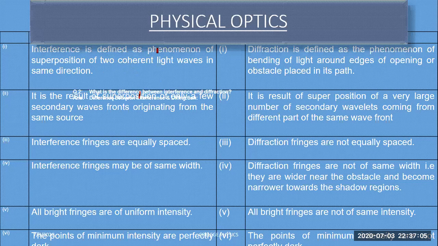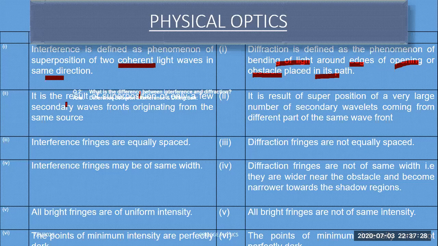Interference is defined as a phenomenon of superposition of two coherent waves which are along the same direction. Diffraction is defined as a phenomenon of bending of light around edges or openings or obstacles placed in its path.